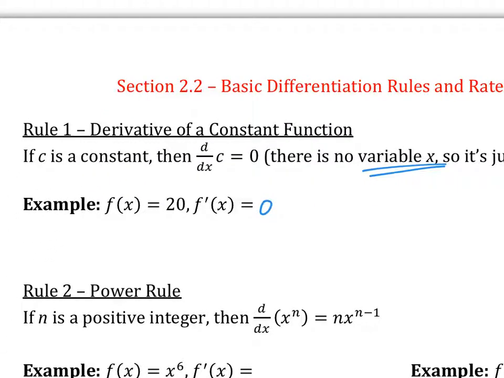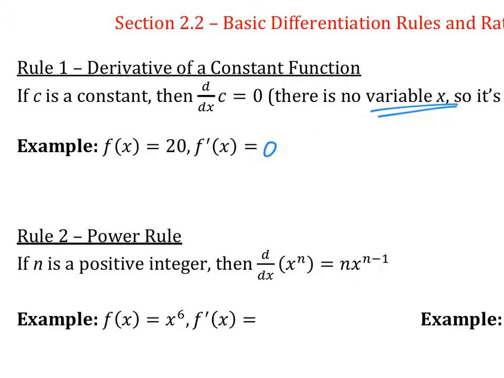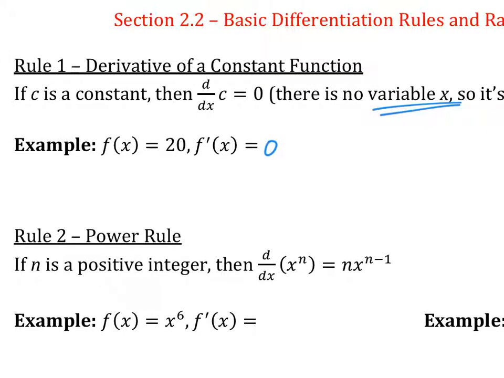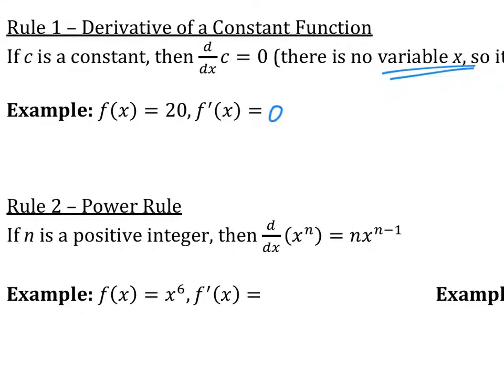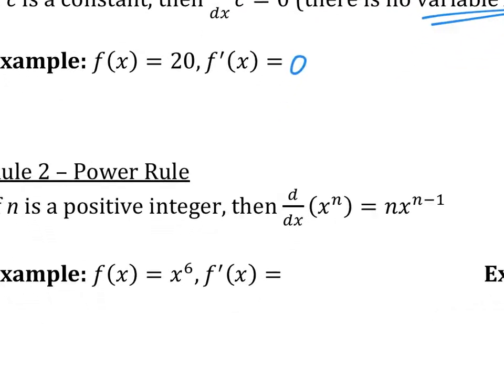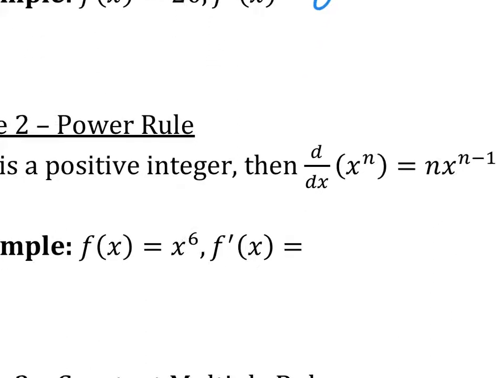Rule number 2, power rule. If you have a positive integer as n, and you're trying to take the derivative of that monomial, what you can do is bring the power down as a coefficient and then subtract the power by 1.